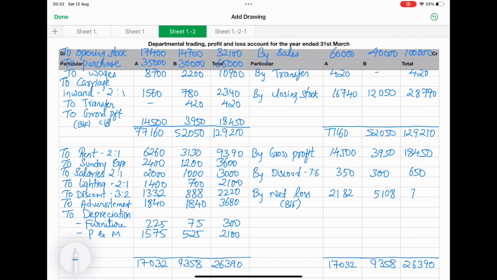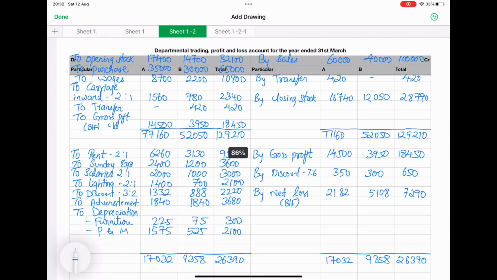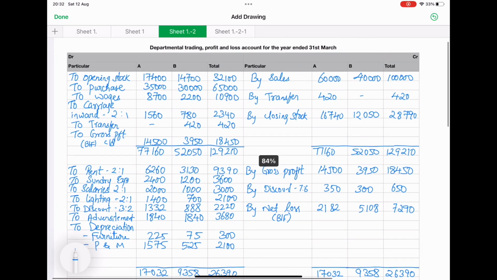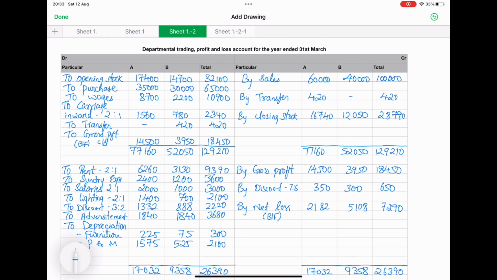Total 7,290 is the net loss. So this is the trading profit and loss account. In the trading account we have gross profit. When we prepare the P&L, there we sustain a net loss.